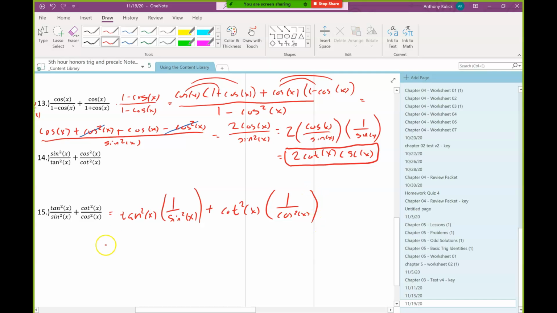And you'll see why in just a moment, because I'm going to use Q1 to rewrite tangent squared as sine squared over cosine squared, and rewrite cotangent squared as cosine squared over sine squared.